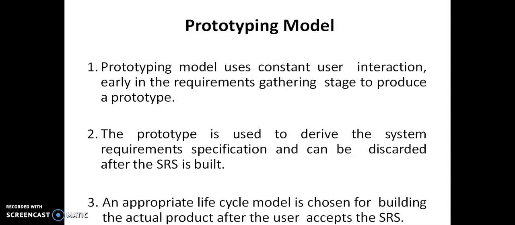The prototype is used to drive the system requirements specification, that is SRS, and can be discarded after the SRS is built. An appropriate lifecycle model is chosen for building the actual product after the user accepts the system requirement specification. So the end product of the prototyping model is nothing but the SRS. Once the SRS is built, the prototype can be discarded.